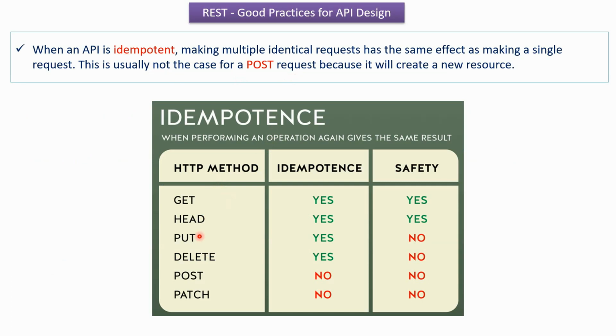GET, HEAD, PUT and DELETE methods are idempotent. POST and PATCH methods are not idempotent. GET and HEAD methods are safe methods. PUT, DELETE, POST and PATCH methods are not safe methods.